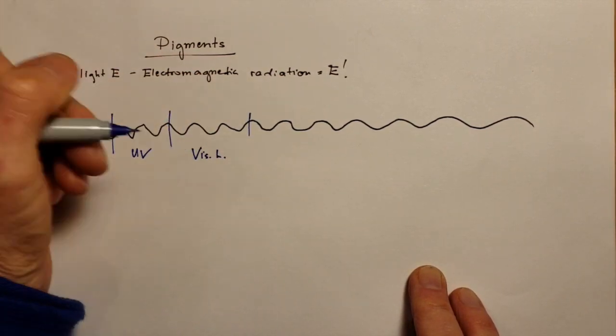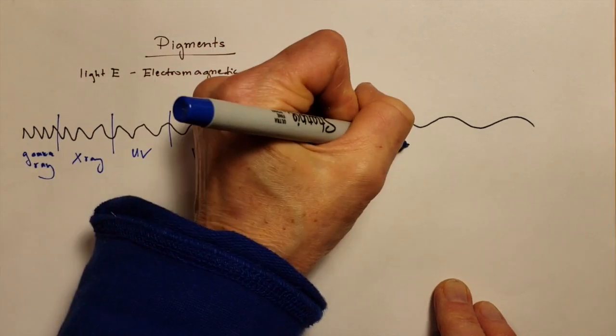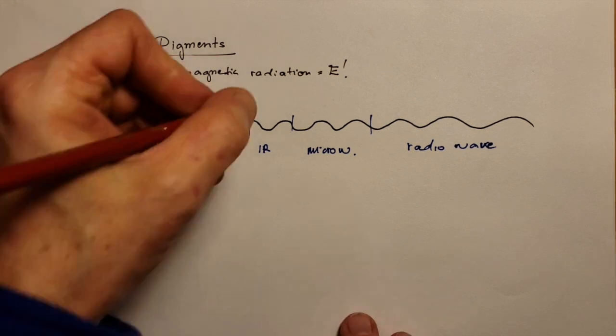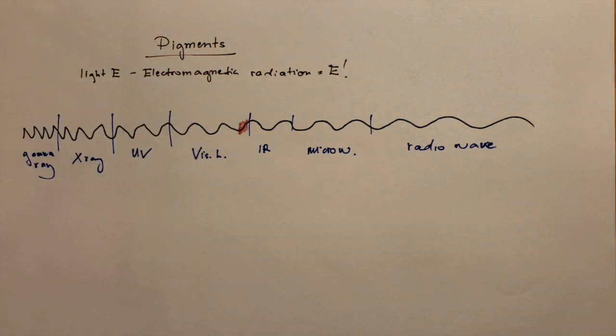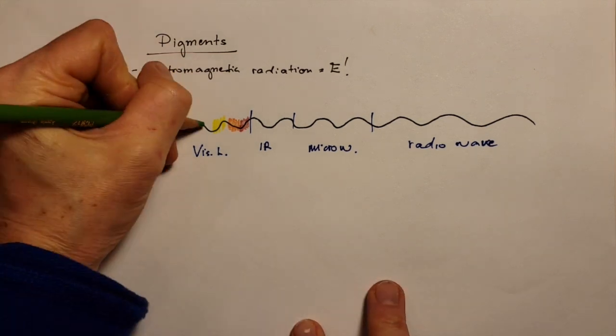The different segments are the gamma ray, high frequency, then comes the X-ray, UV, visible light, infrared, microwave, and radio waves. The visible light spectrum is the spectrum that the plants use.